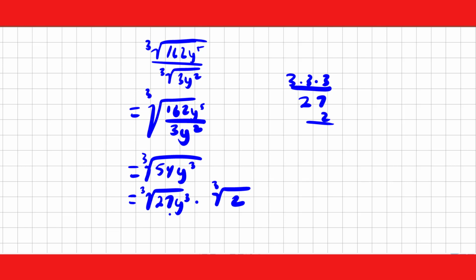Now I've got a perfect cube here, so the cubed root of 27 is 3, the cubed root of y to the third is y, and then I've got left over the cubed root of 2. So in simplest form, I've got 3y cubed root of 2.